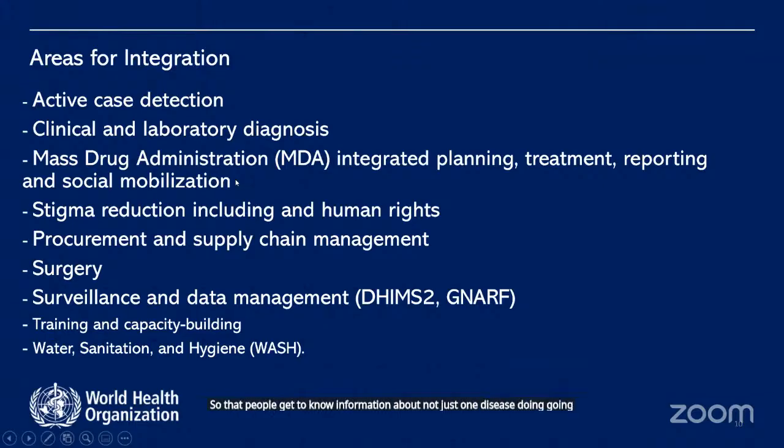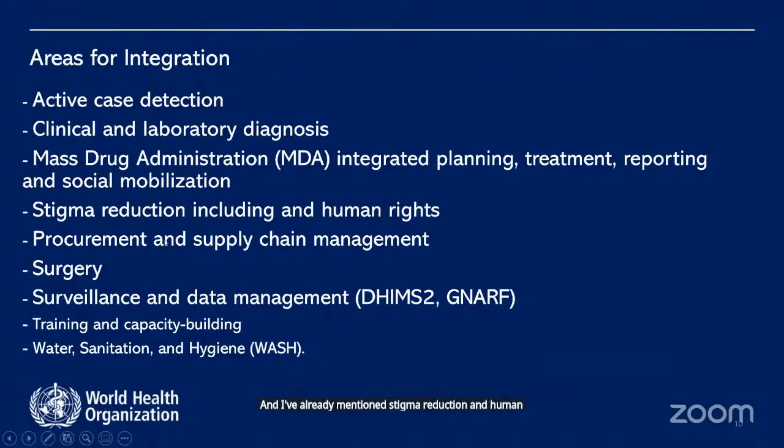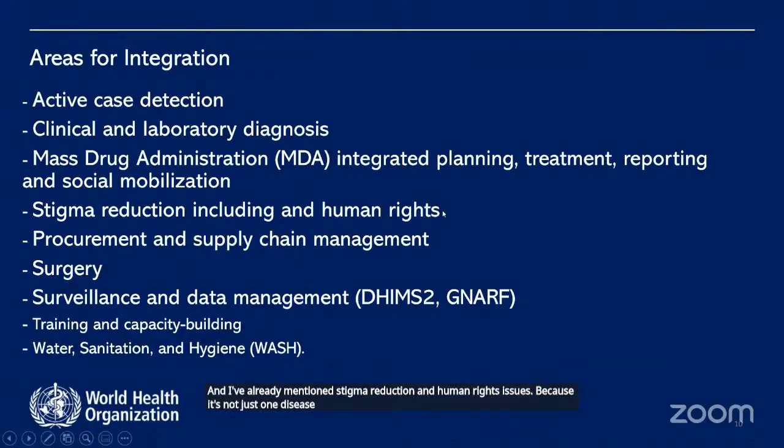Instead of one disease going for social mobilization, then the following day another disease will go, we can have it in an integrated manner where information will go down. And then I've already mentioned stigma reduction and human rights issues, because it's not just one disease that needs stigma reduction interventions. Almost all the diseases suffer stigmatization.